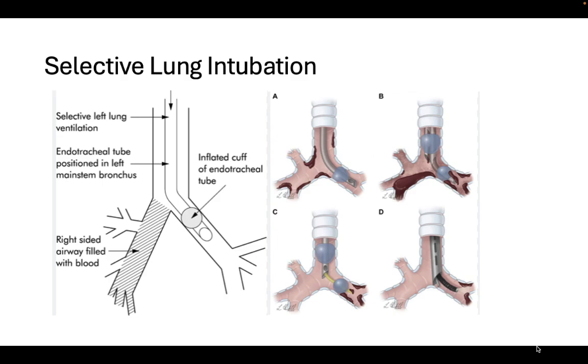You also have in image B a dual lumen ET tube that you can manipulate with selective mainstem airway tamponade as well. And then again, in C, you have an image of your endobronchial blocker coming out of your ET tube, and then in A, you have a selective mainstem intubation.